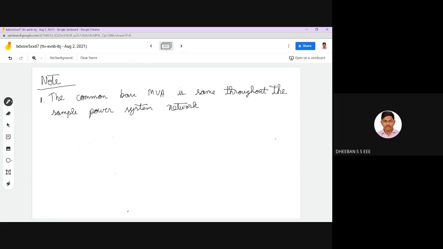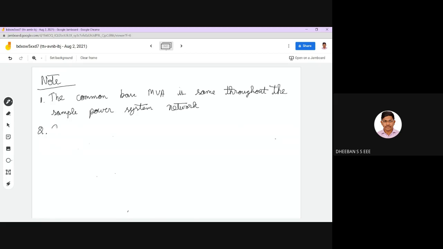While solving the problem, you'll get a clear idea. In the previous problem, they had given the common base value. But while dealing with some complex problems, it is you who have to select the base quantity, or sometimes the question itself gives it.